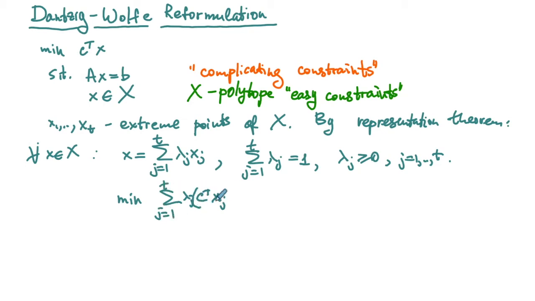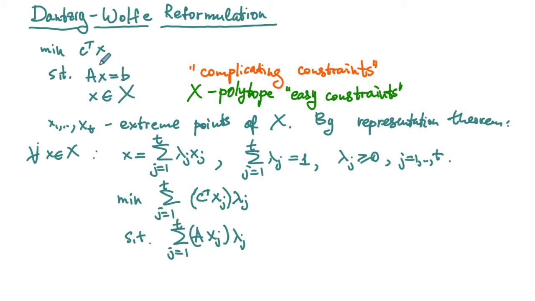So let me separate the scalar here from the scalar product. And actually, let's switch the order. First, we'll write down c transpose times xj, and then lambda j, subject to, when we multiply A by x and replace x with the summation of lambda j's xj's, we will have a similar situation. We will have the summation of A times xj's multiplied by lambda j's for j between 1 and t.